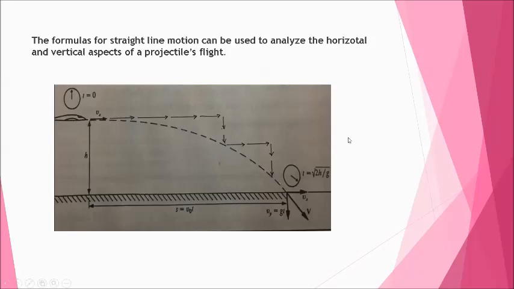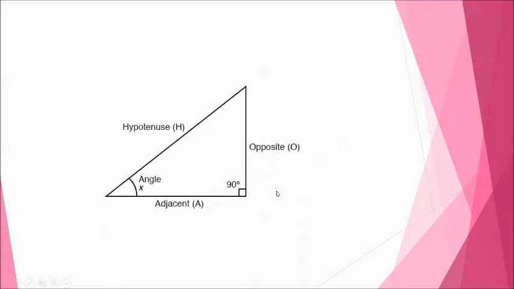Okay? So, ibig sabihin, unlike the straight line motion na pinag-usapan natin, we cannot just add or subtract. In the same direction, add. In opposite direction, subtract. Here, it follows itong path na ito, which is very similar to this figure. You remember this? Yung hypotenuse represents our projectile path.